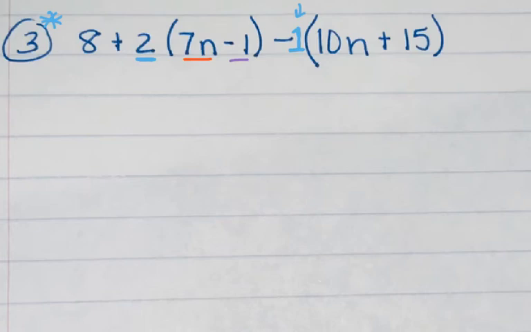So let's do our distributing first. I'm going to distribute 2 and negative 1. Now, we can do the distributing all in one step.